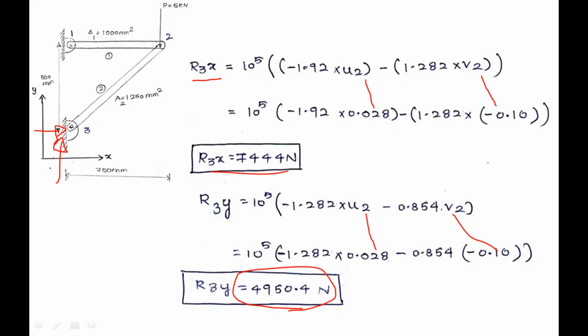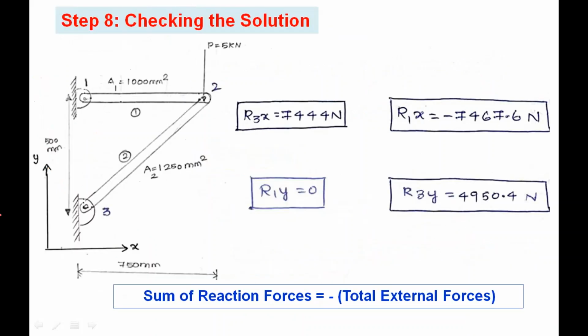We can use these reaction components to check the U2, V2 answer that we have evaluated. We know that the sum of the reaction forces will be equal and opposite to the external forces acting on the body. When you add the x components R3x and R1x, they should be two equal and opposite components. Because of the rounding error, we are getting slight variation.